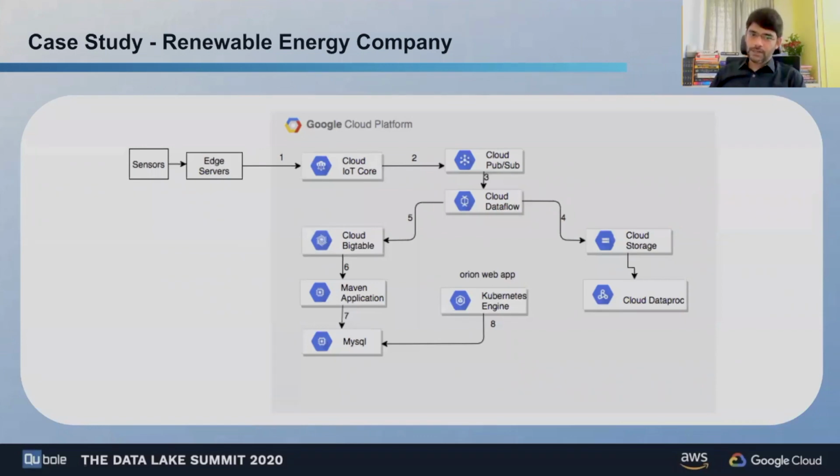It serves as a device registry and device management service, and it has tighter integration with PubSub and Cloud Functions, etc., so that some of the devices can be managed from Cloud IoT Core as well, right? So you could trigger a Cloud function and then do something on the sensor side too. And PubSub, we already talked about, it's managed Kafka. So data from Cloud IoT Core goes to PubSub.